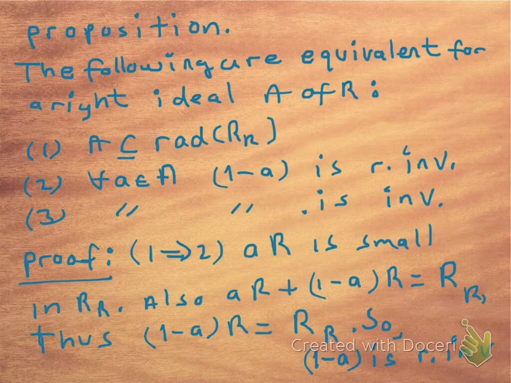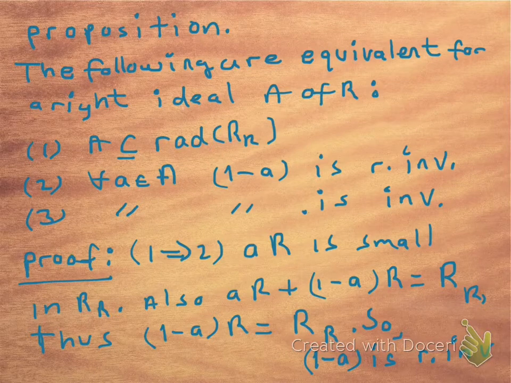First, let's get 1 implies 2. Given any element a of capital A, assuming number 1, of course, a being a member of the radical, aR is small in R. Remember our characterization of the radical's elements for any module. The Jacobson radical is simply the submodule generated by non-generators, which correspond to those that generate cyclic small submodules.